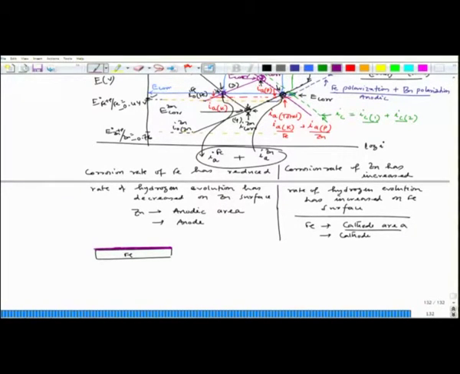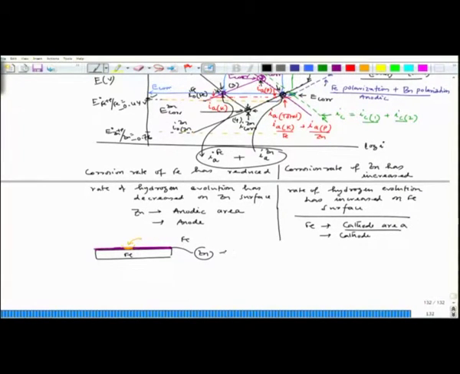But the effect of zinc on the iron corrosion will take place whenever there is an opening. Let us say this is the opening part. Now, this opening region is basically iron, and the rest is zinc.